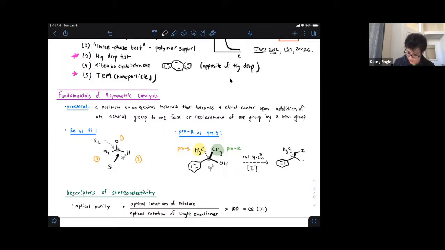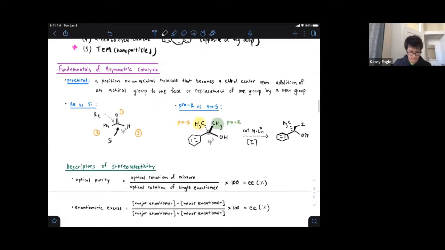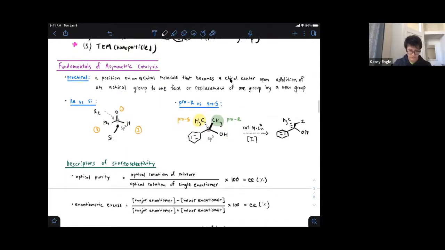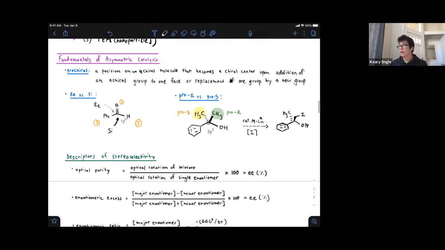And I've defined here what then is pro-R and pro-S by reading out the stereochemistry of the resulting product and then backtracking. Okay, any questions on that?